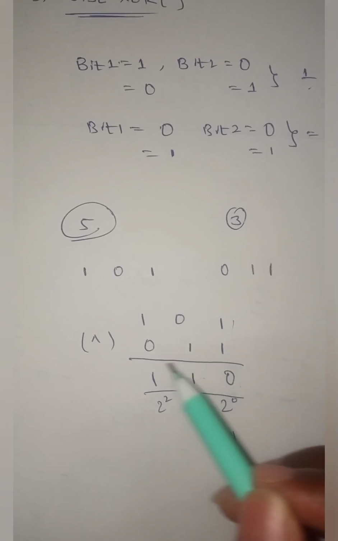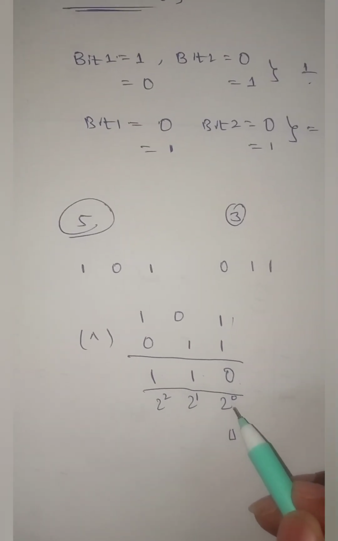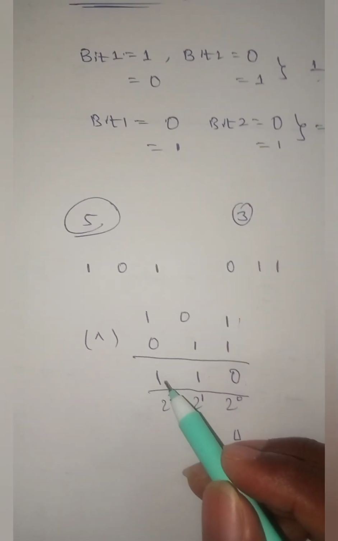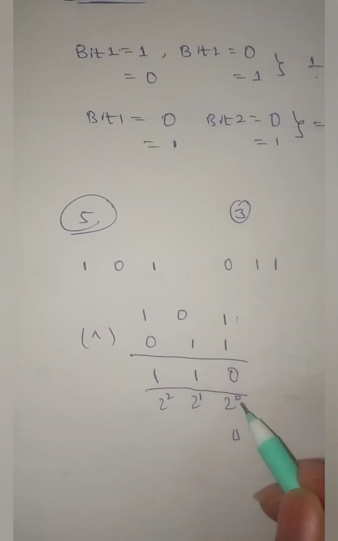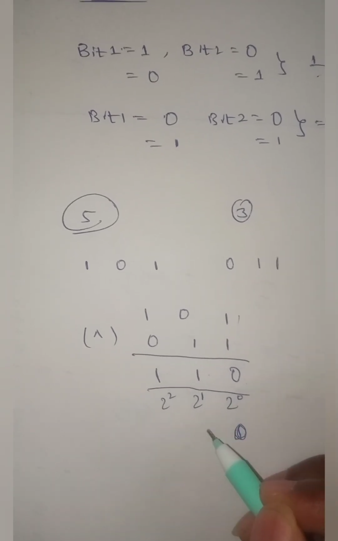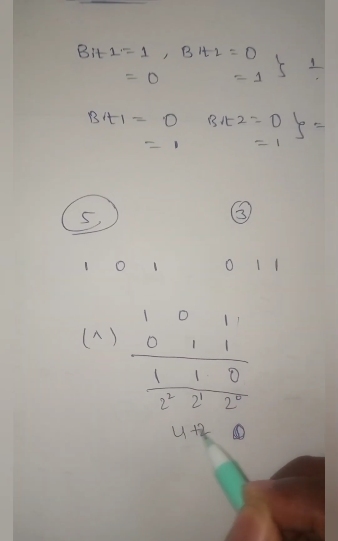Now in order to convert this bit representation into an integer, we need to multiply 2 power 0 into 0, 2 power 1 into 1, 2 power 2 into 1, and then add. So 0 into 2 power 0 is 0, and 1 into 2 power 1 is 2, and 1 into 2 power 2 is 4, and then we add.